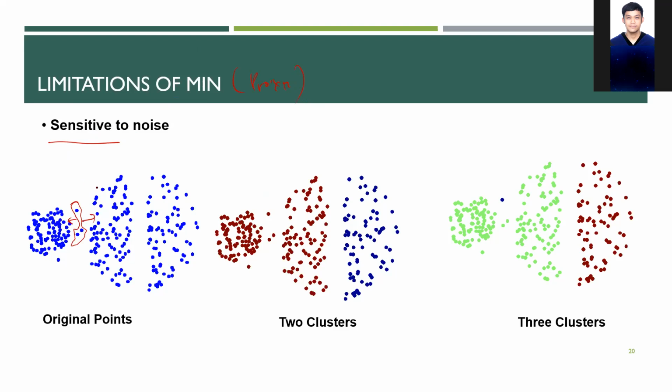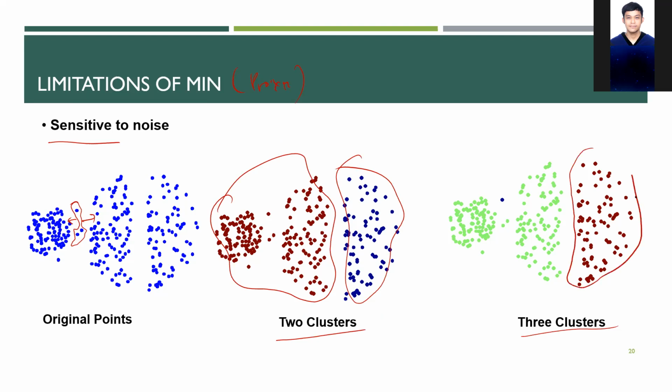So if we divide the data points into two clusters, maybe this one belongs to one cluster and this one belongs to the other. It can happen. Or if we use three clusters, it is very weird: this one is one cluster, this one is one cluster, and the small one is another cluster.